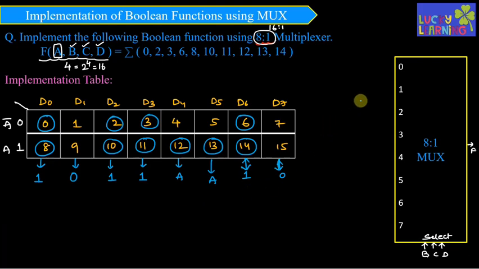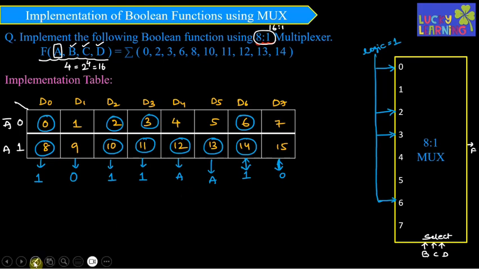Look, D0 is 1, D2 is also 1, D3 is also 1, and D6 is also 1. These are all 1, so simply we can connect them to logic 1, because data inputs 0, 2, 3, 6 are 1.